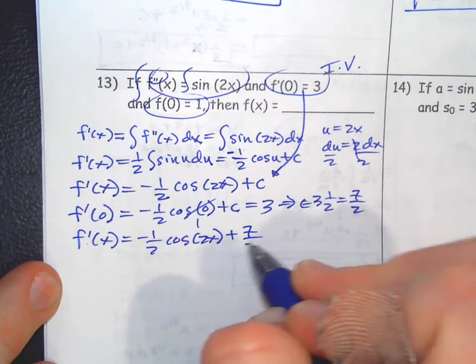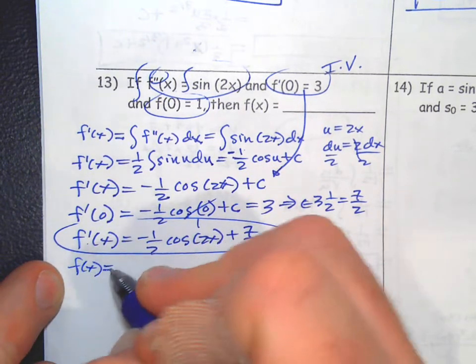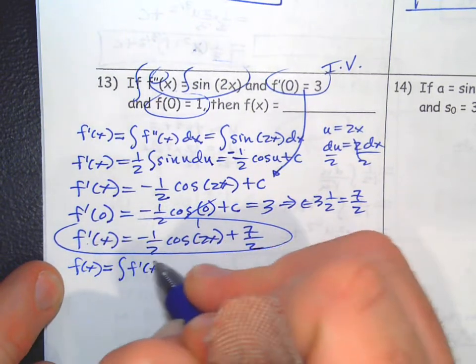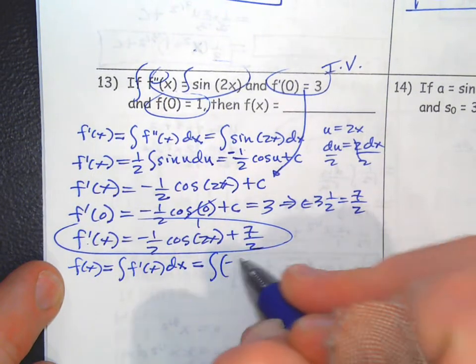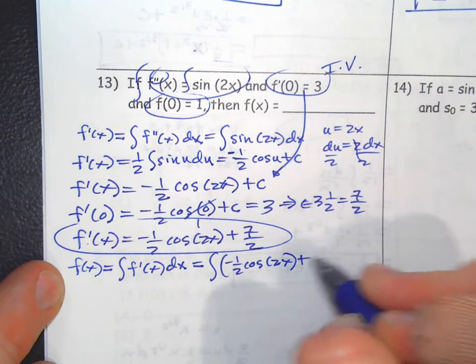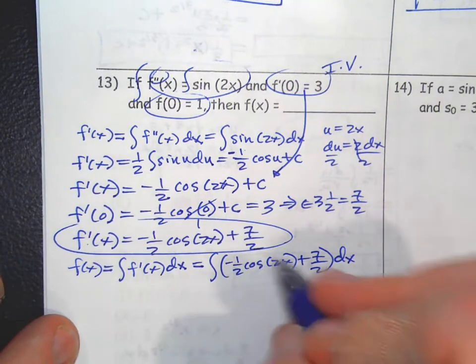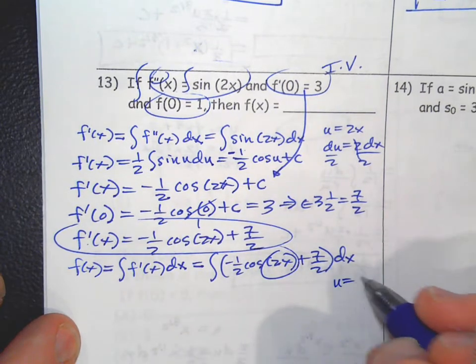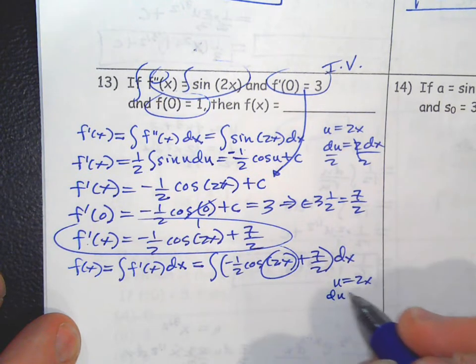So we're halfway there. To get the original function, we have to integrate f prime of x, which means we're going to integrate this. Now we could use u-substitution again, but I would just use it for this term on its own, to integrate this term separately.